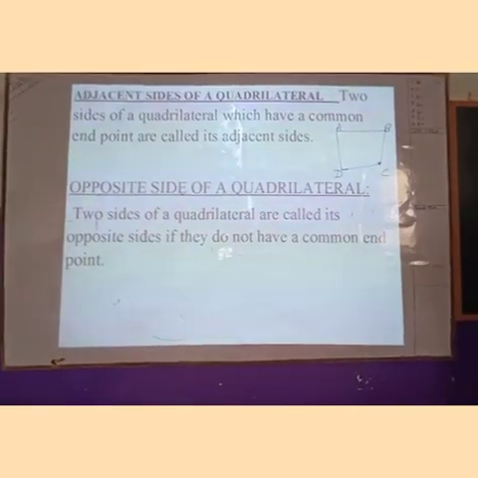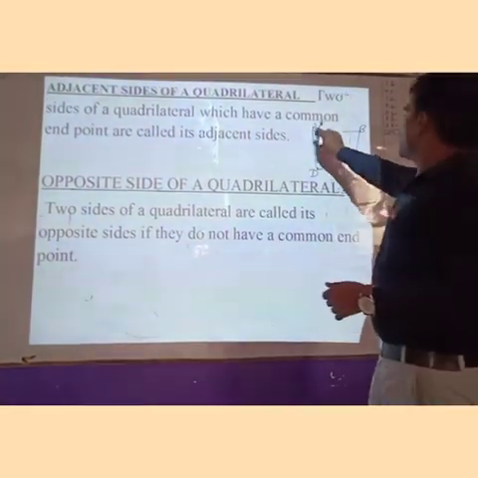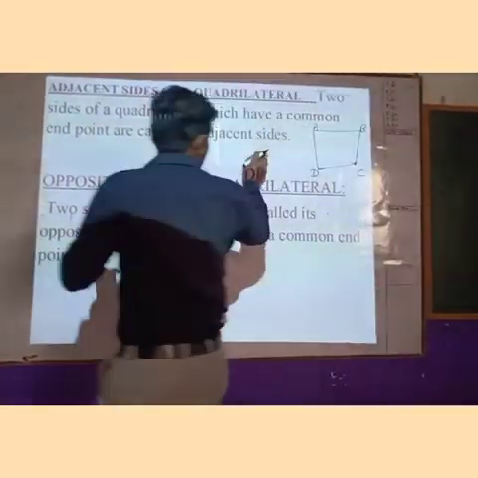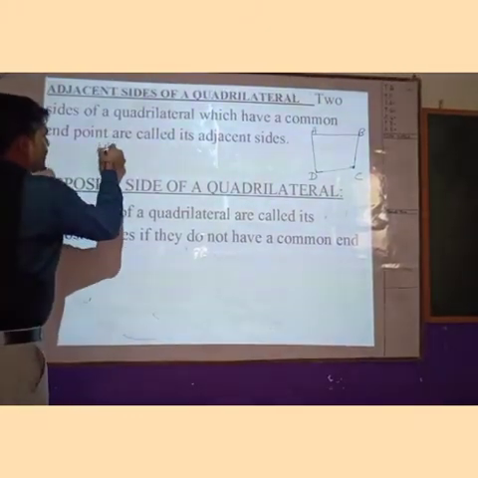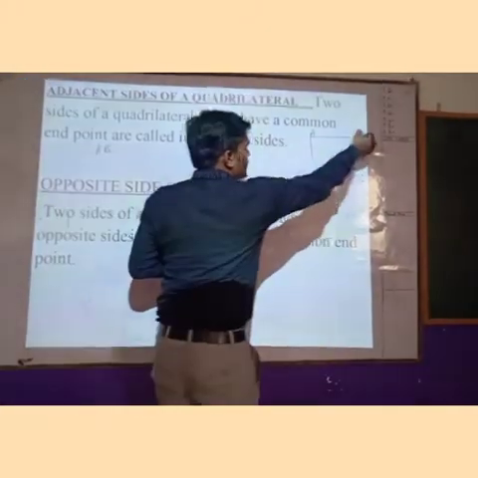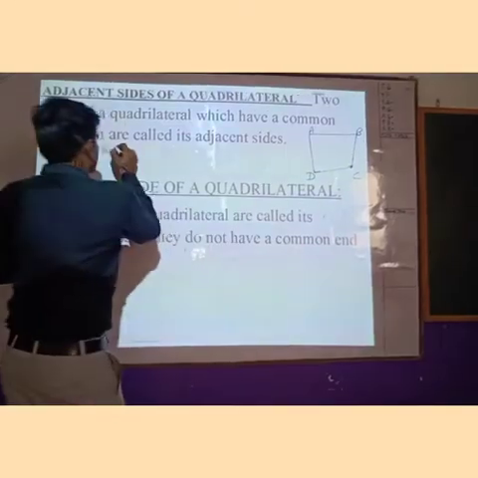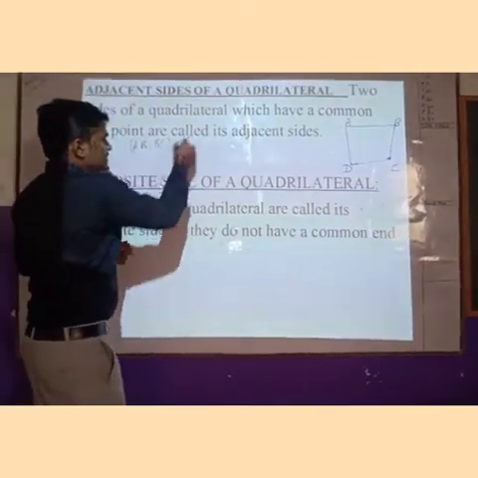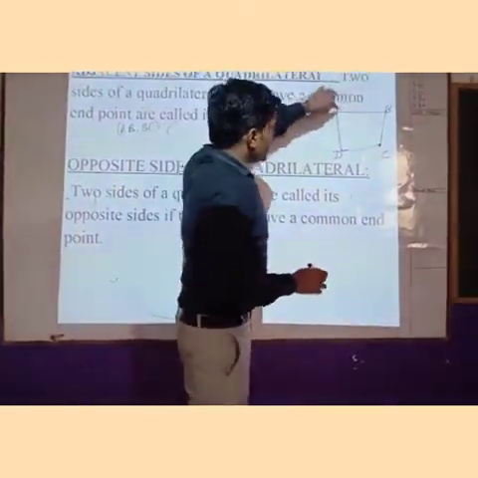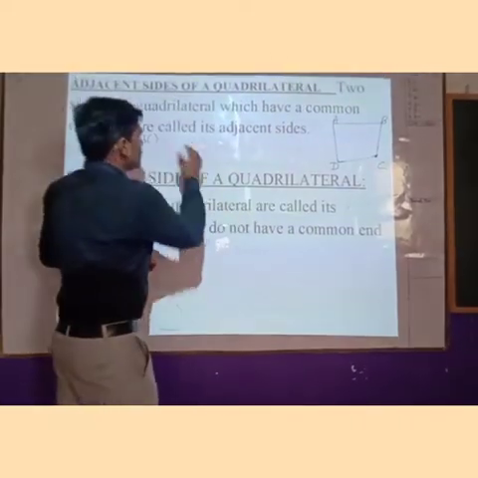So children, in this quadrilateral ABCD, the adjacent sides are AB adjacent to BC, and AB and AD are also adjacent sides. Why?